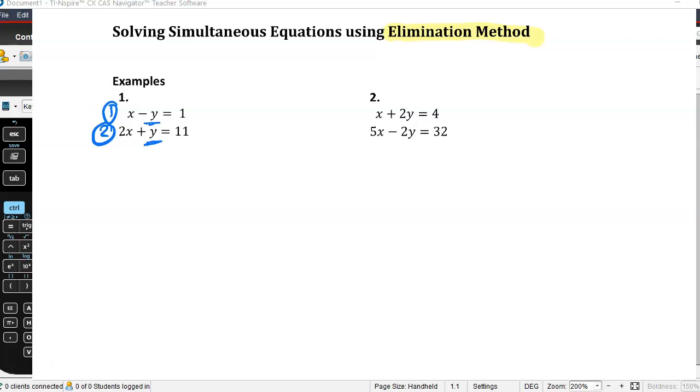Yes, one's positive and one's negative, but they're both 1y. So if I add these equations together, I'll actually eliminate them, won't they? Because negative 1y plus 1y gives you no y. So we've eliminated it. So let's do that. So I'm going to go equation 1 plus equation 2.